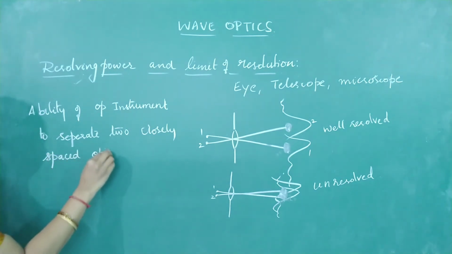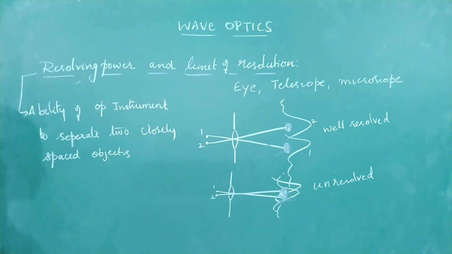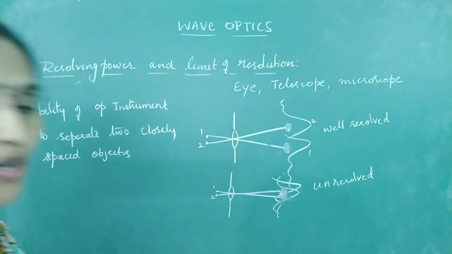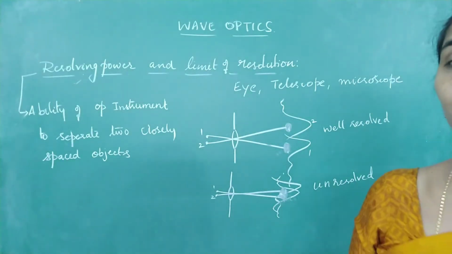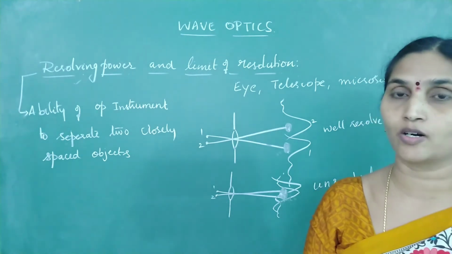This is called the resolving power of that optical instrument. So how do we define this resolving power? The ability of an instrument to form separate diffraction patterns for 2 closely spaced objects.